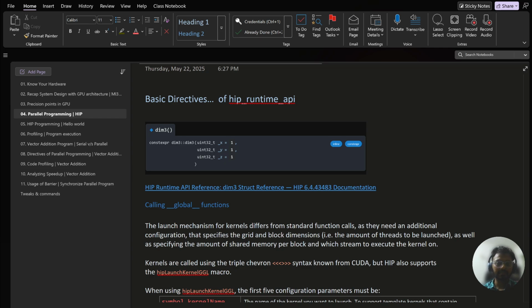That is nothing but X, Y, and Z, what we were getting from our hardware system information. That is the maximum size, but the minimum default would always be one. So you always have at least one in each dimension: X value 1, Y value 1, and Z value 1.